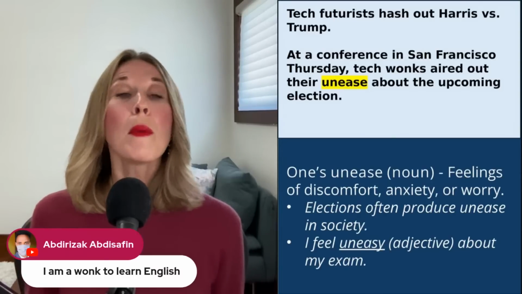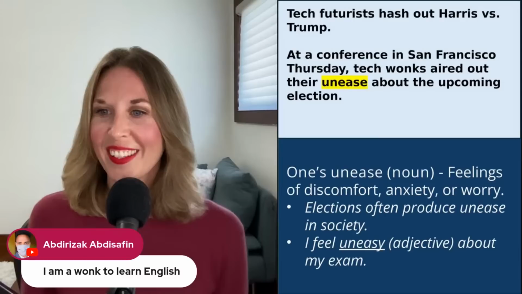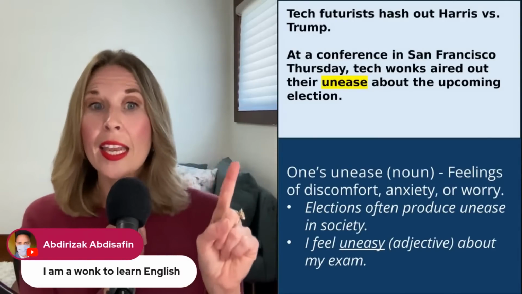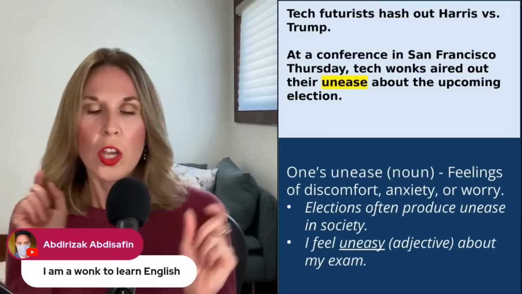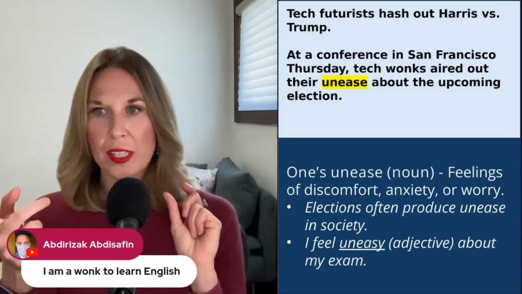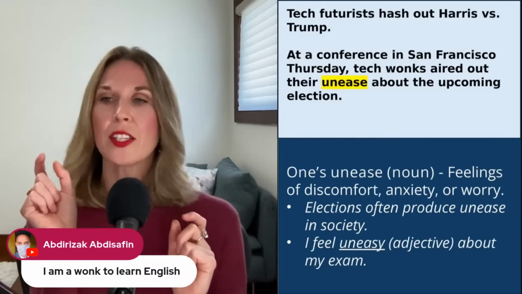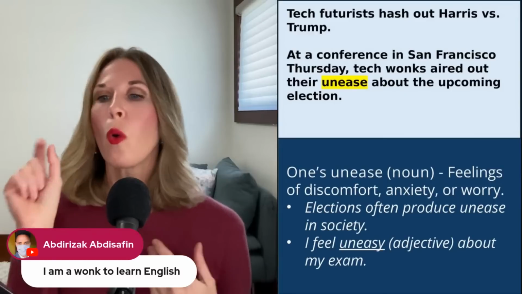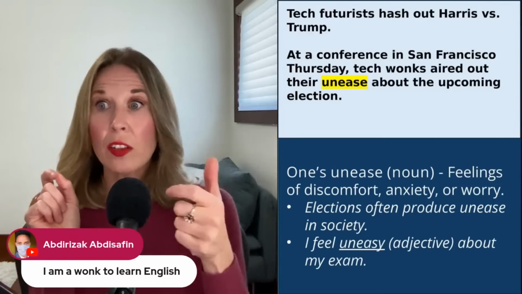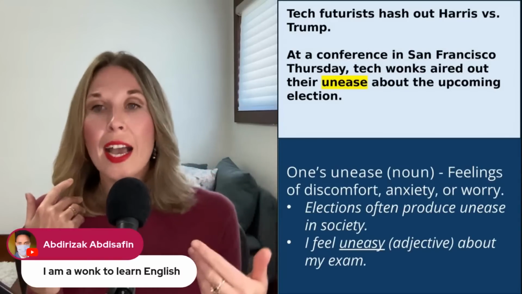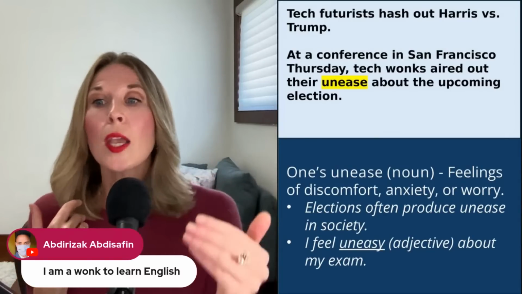Abdurazak said, "I am a wonk to learn English." Very nice. Now, you might say, "I am an English wonk." So have the noun and then just add wonk. So I'm an English wonk. Wonk is your noun, and then English can function as the adjective to describe what type of wonk.